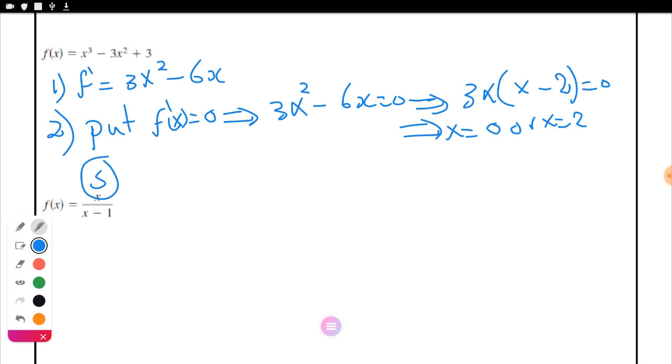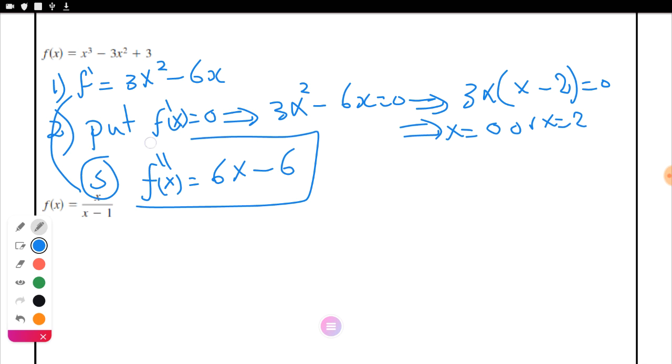Part 3, find what? The second derivative of the function. From this one, it will be 6x minus 6. Okay? This means I'd like to use the second derivative test to identify.